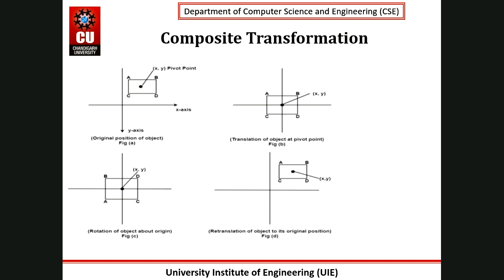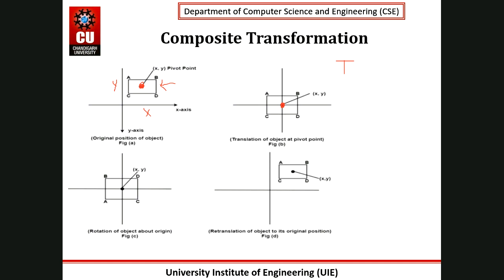Let's say this is my y axis, and this is my x axis. Let's say I have been given an arbitrary point. I have to perform the rotation of the object, that is ABCD, a rectangle, with respect to the pivot point x comma y. The very first step I told you was the translation of that particular pivot point to the center. Okay, that pivot point should be at the origin.